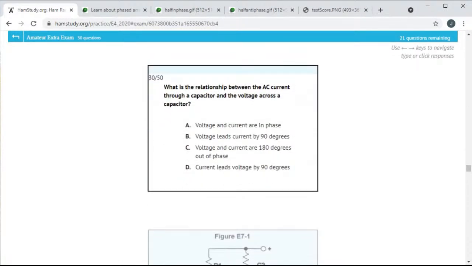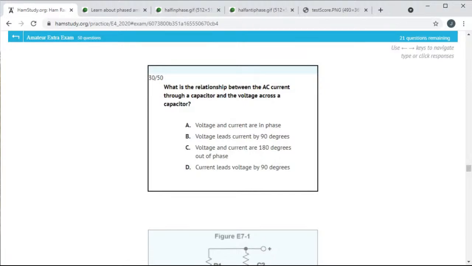What is the relationship between AC current through a capacitor and the voltage across the capacitor? A, voltage and current are in phase. B, voltage leads current by 90 degrees. C, voltage and current are 180 degrees out of phase.